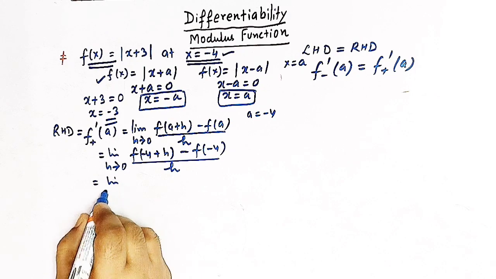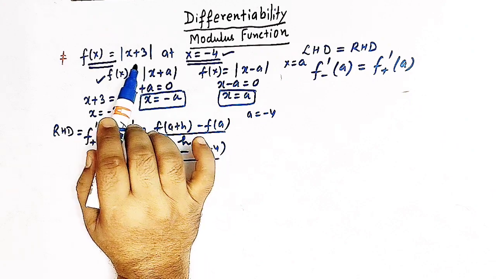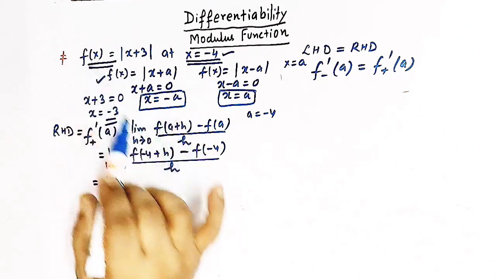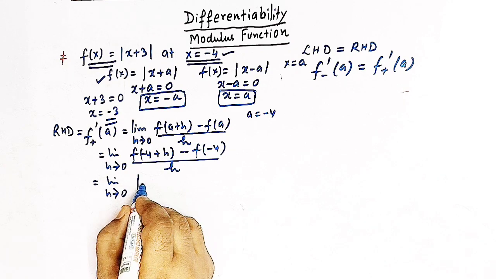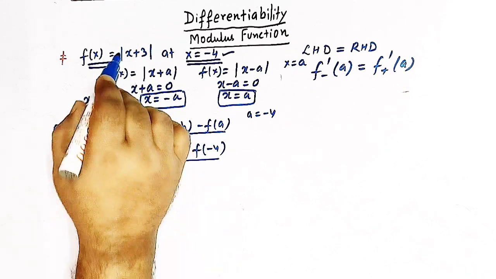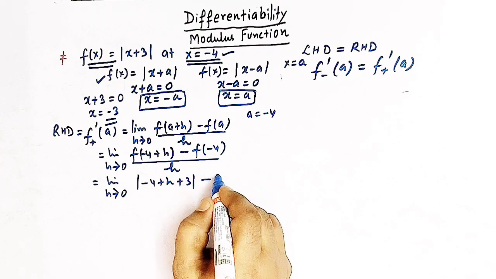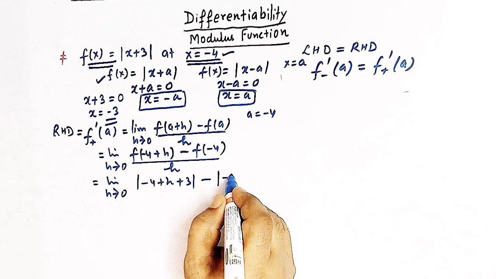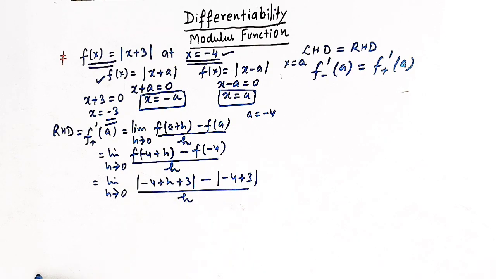The value of f of minus 4 plus h can be obtained by replacing x by minus 4 plus h. So we have mod of minus 4 plus h plus 3, then f of minus 4, that is mod of minus 4 plus 3, and here we have h, right?